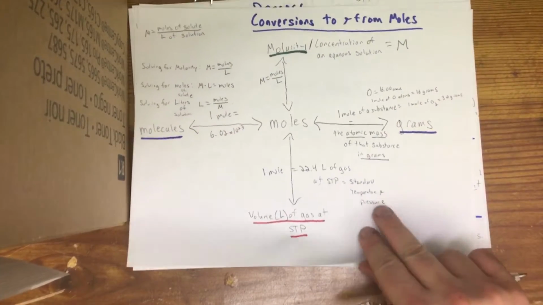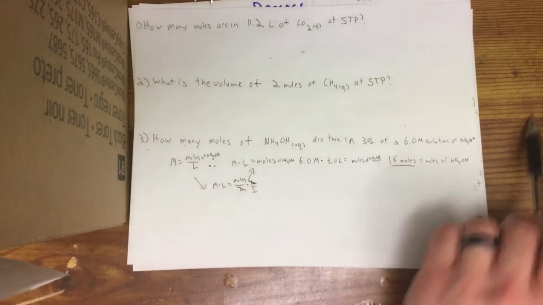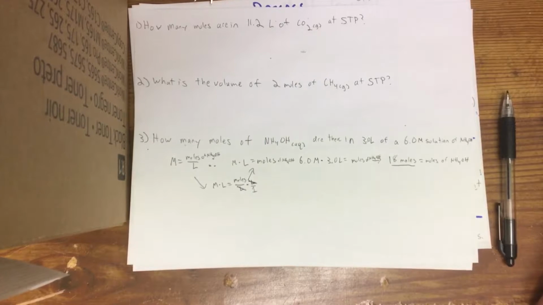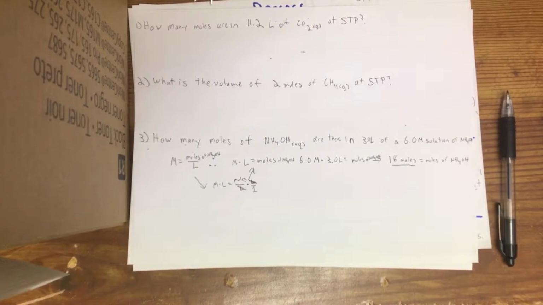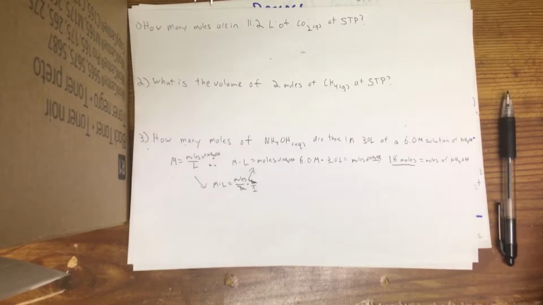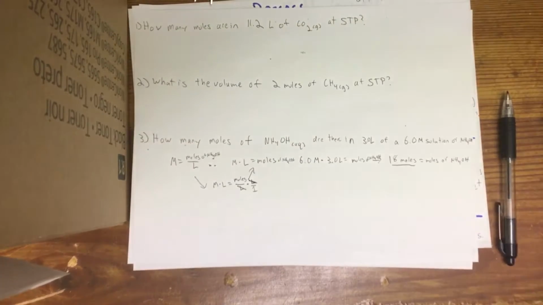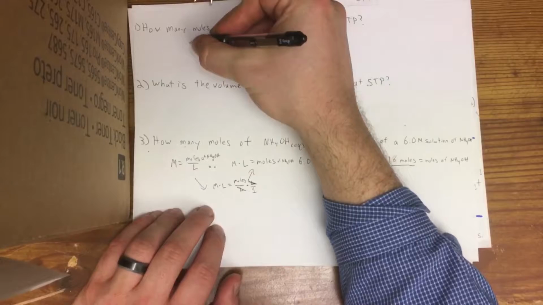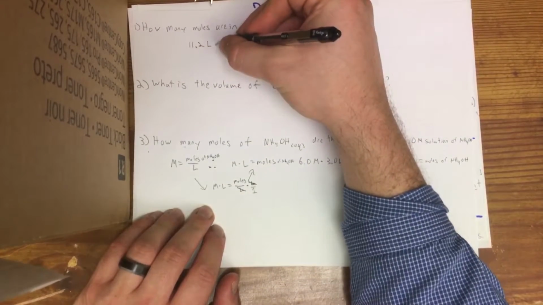So let's just do some quick example problems to show how this works. So the first problem is how many moles are in 11.2 liters of carbon dioxide at STP. The way we would set this up is we write what we know, as I showed you in the railroad diagram video.